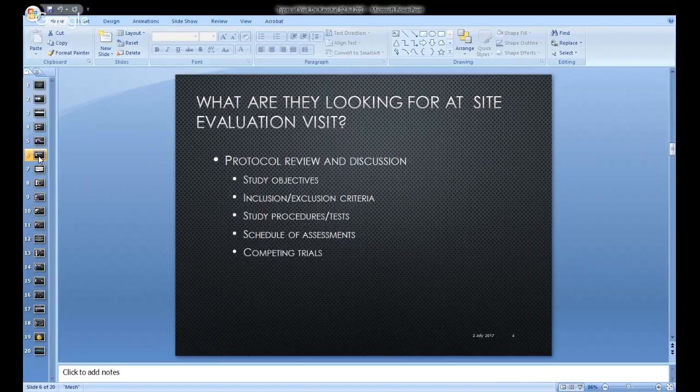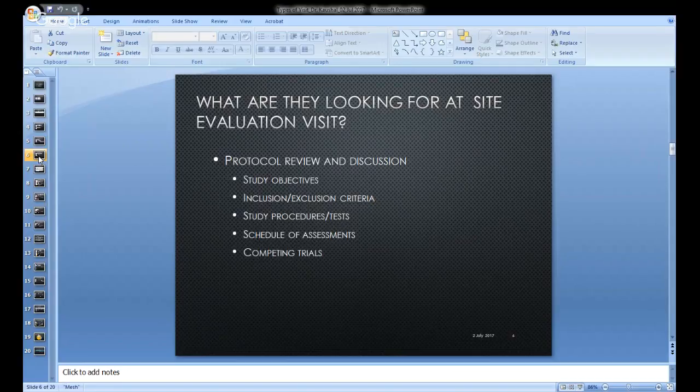Once we get it, we as clinical research professionals would do the analysis from our end. If the site qualifies to fulfill all the requirements, then we would go for a confirmatory check, which is your site selection or site evaluation or site feasibility visit.